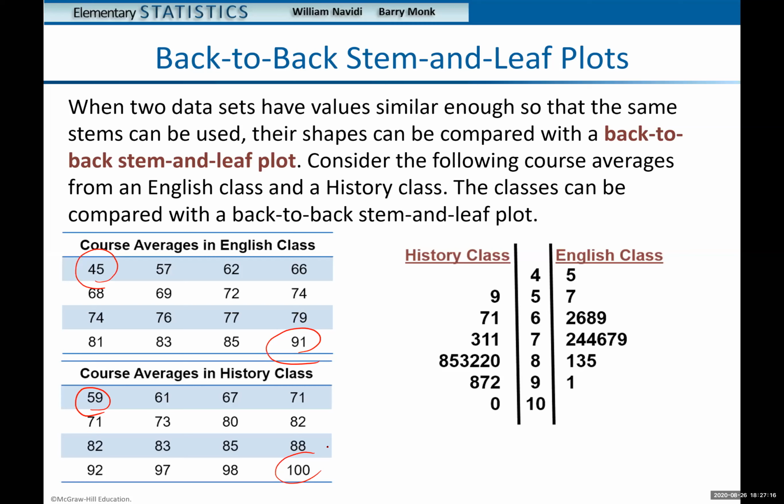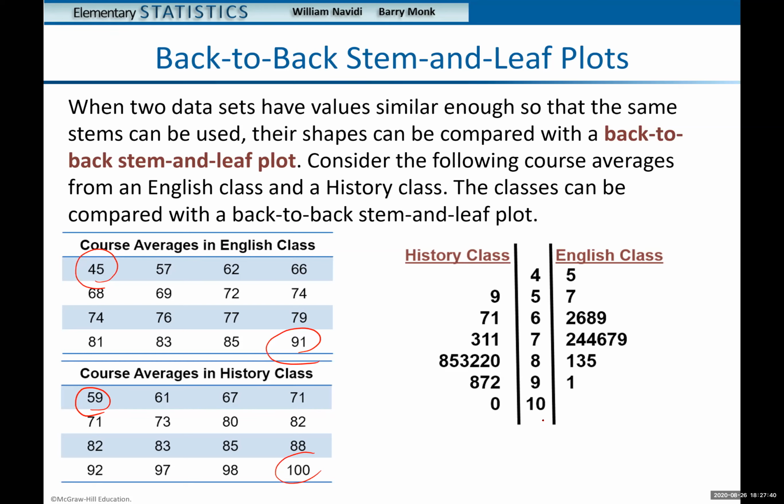So you can use the stem and leaf plot here from 4 to 9. Lowest is 45, highest 91, so that is from 4 to 9. The history is lowest 59 up to 100, so from 5 to 10. So this is your stem: 4, 5, 6, 7, 8, 9, 10.